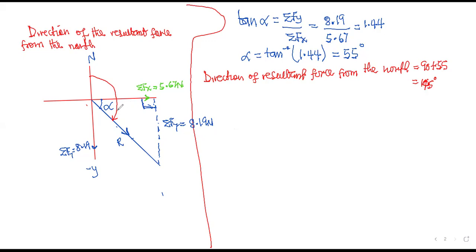When you add this, the 55 is the direction of the resultant from the east. If you are at the east, then you must turn through this angle to face the direction of the resultant. But we want to follow bearing. Bearings, angular measurement is taken from the north. So that's what I mean.